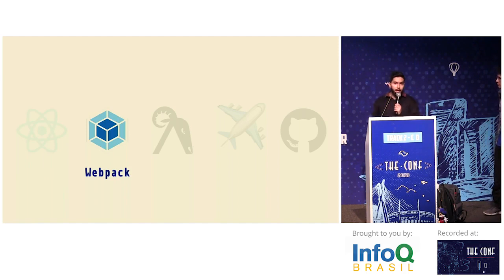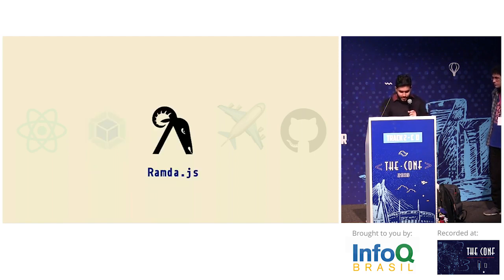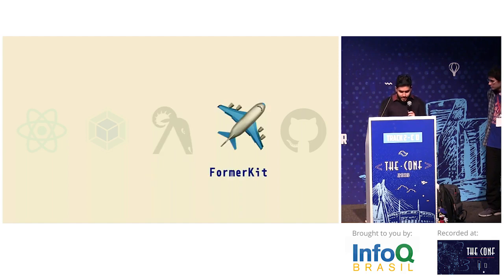We also used Webpack for some complex setup stuff that I'll detail in a minute. Of course, Ramda, because of the hyped utility. We really like the way it does currying, and the currying that Ramda brings plays very well with the pipeline operator that you can get with a Babel plugin. You'll see in a minute.